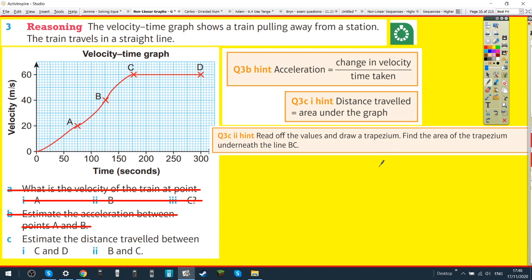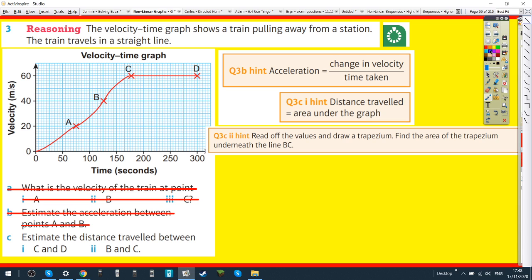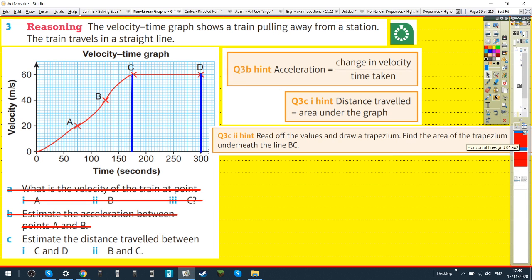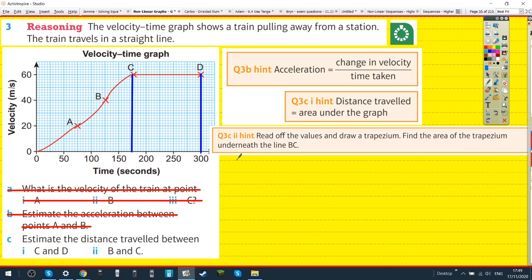Let's see. How would you estimate the distance traveled from C to D? The distance. So I think C is like... Oh wait, no. So C, that is 175, 60, and then... So do you have to do 300 times 60?